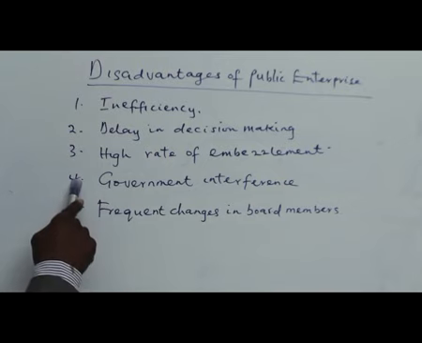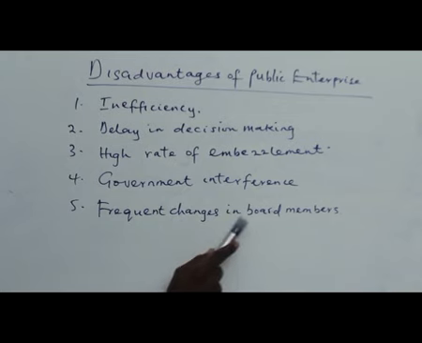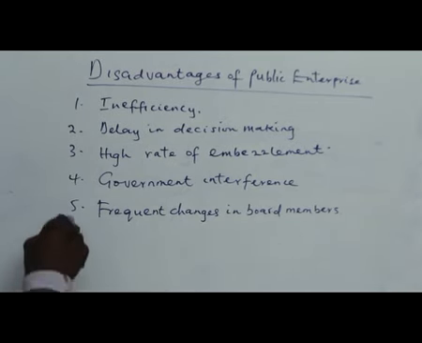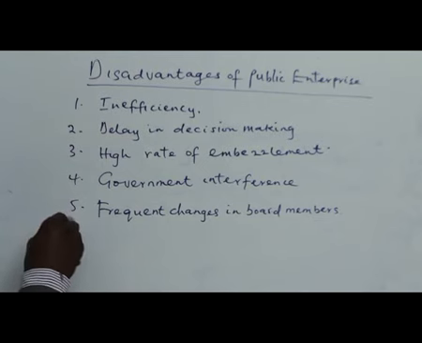They must follow government rules and regulations. So undue interference affects public enterprise. Number five, frequent changes in board members. Most of the time, the government in power decides to put its own people to be managing the affairs of the organization, either they have the experience or they lack the experience. So it will affect the organization due to changes in the board.